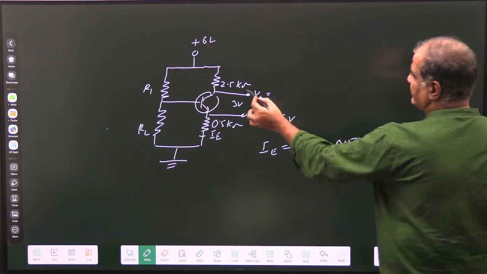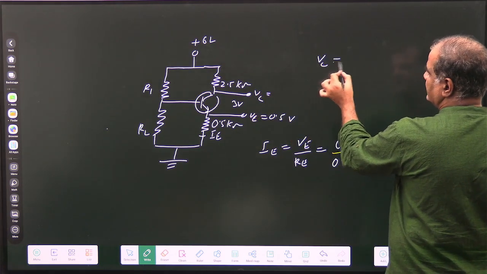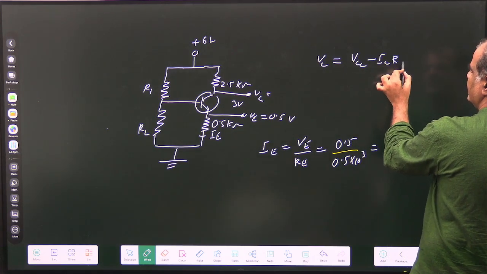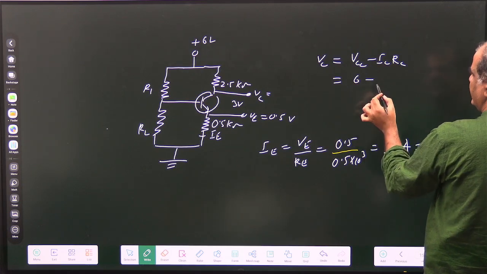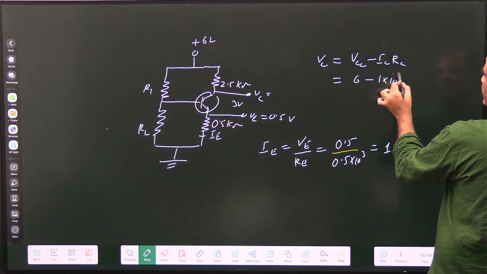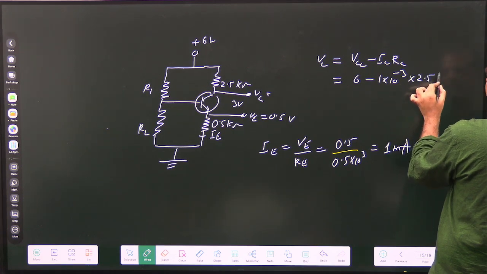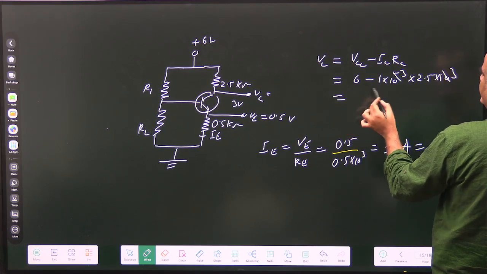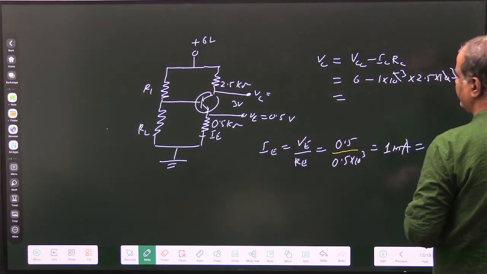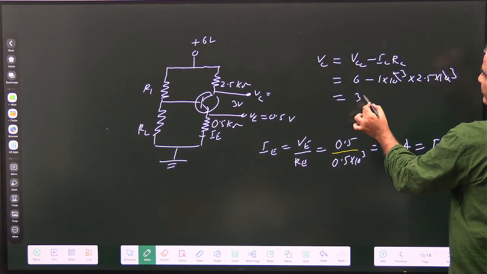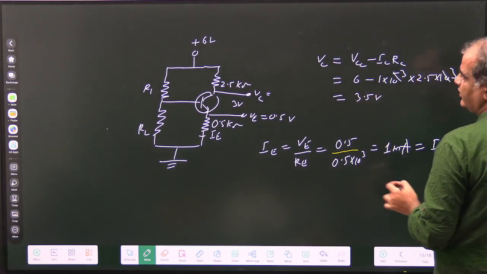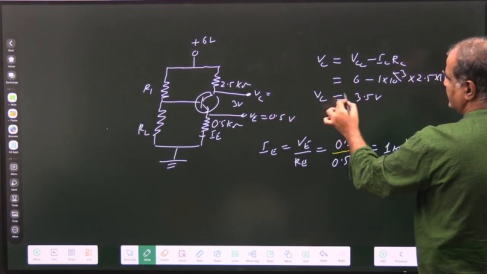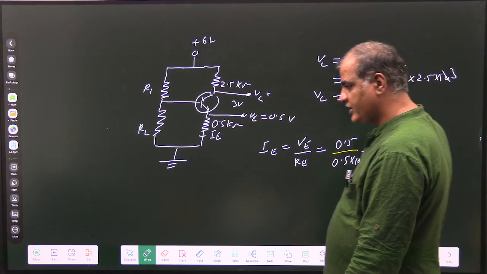Now you can find what VC is. VC is VCC minus IC RC, 6 minus 1 milliamp into 2.5 kilo ohm. So this becomes how much? 6 minus 2.5, 3.5 volt. Obviously this is 0.5, so this is the difference. This is 3.5 volt VC. What is asked in the question?